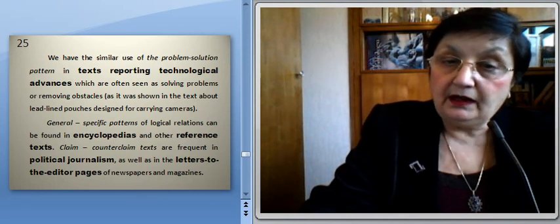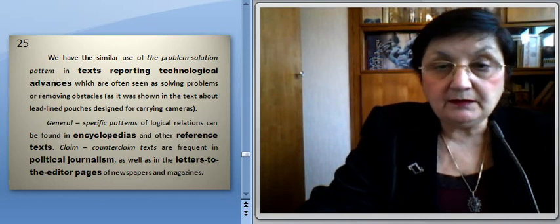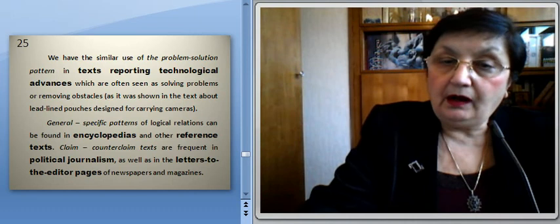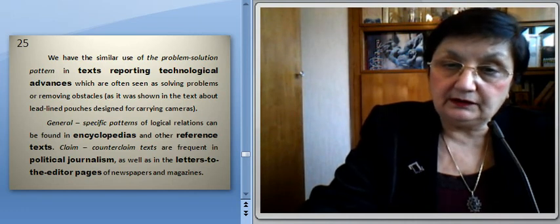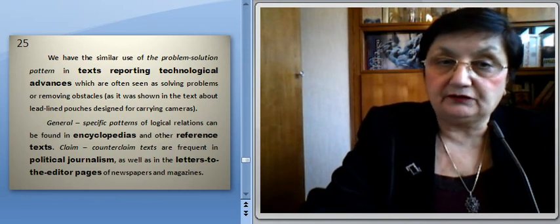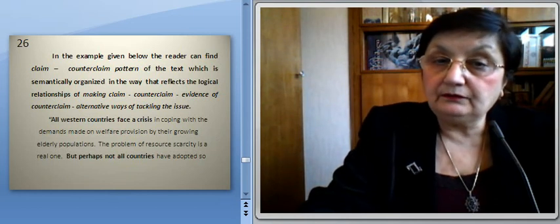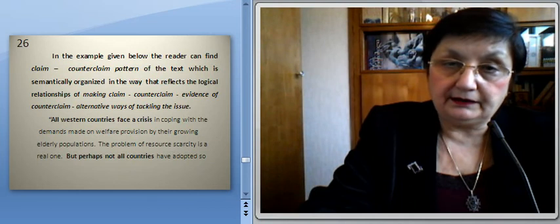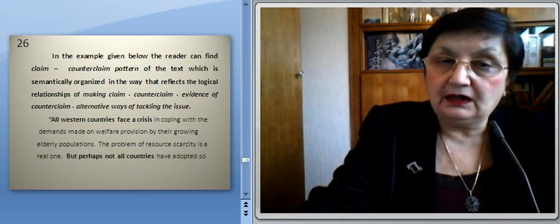In the example given below, the reader can find the claim-counterclaim pattern of the text, which is semantically organized in the way that reflects the logical relationships of making a claim, counterclaim, evidence of counterclaim, and alternative ways of tackling the issue.